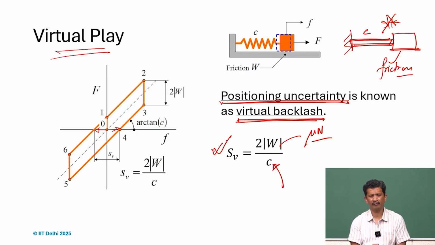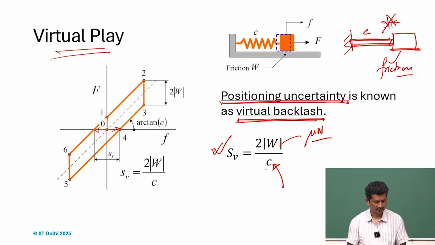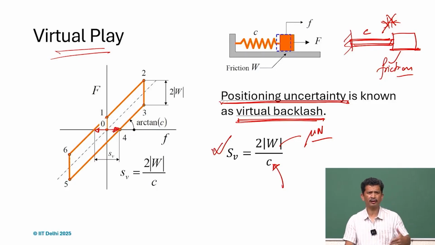We will always have that backlash, and that's why it's called virtual play or virtual backlash, and that is equal to 2 times your friction value divided by the stiffness. So this is the amount we are talking about, and this is something which is detrimental if we want to achieve precision.